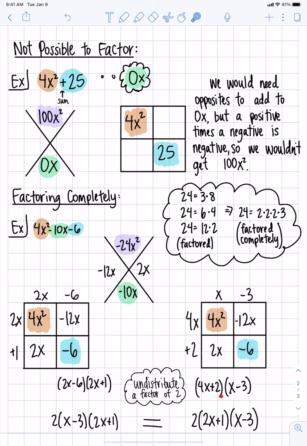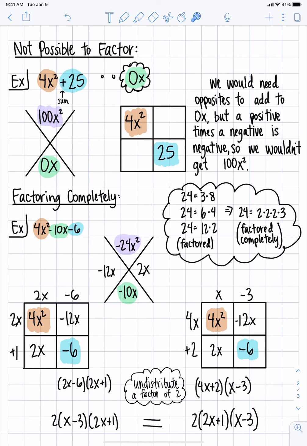On this side, we see this 4x plus 2. We can undistribute a 2 from there, giving us 2 times 2x plus 1 and this x minus 3. And these are equal. So this line right here is not factored completely. This line is factored completely.